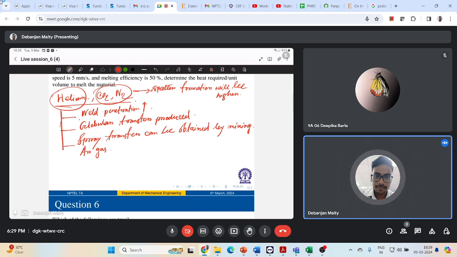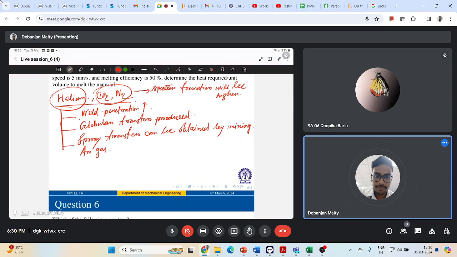When you are using the electrode as negative, as I was saying, and at the same time you are using carbon dioxide or nitrogen as your gaseous atmosphere, the instability of the arc and the massiveness of the spattering will be very high.